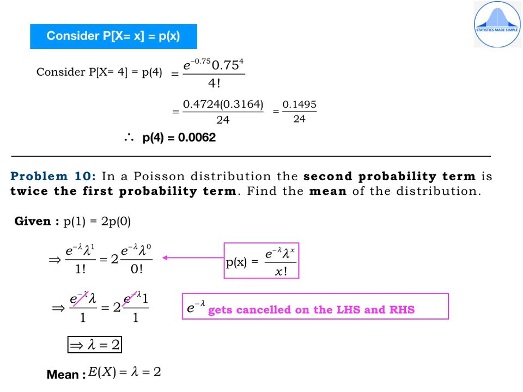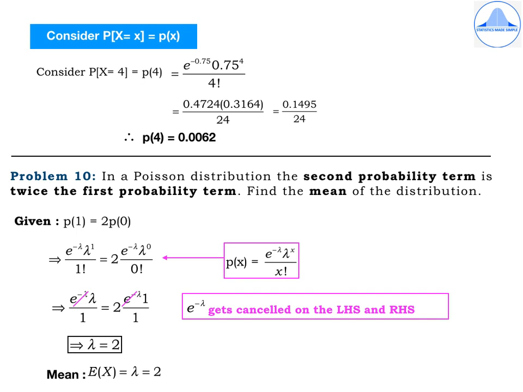In the p.m.f, wherever you have x, replace it by 1, and p of 0 will be wherever you have x in the p.m.f, replace it by 0. So the second step which you see after the given part is e to the power minus lambda, lambda to the power 1 divided by 1 factorial is equal to 2 into e to the power minus lambda, lambda to the power 0 divided by 0 factorial.